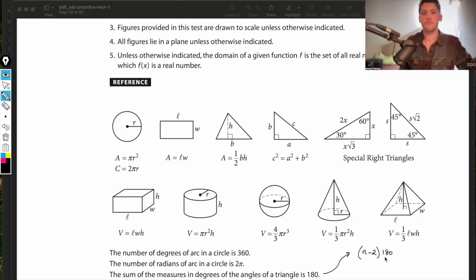Okay, so if it's a triangle, n is 3, you'll get 3 minus 2 is 1, 1 times 180. That's where this number comes from, you could say. If you had a four-sided figure, n would be 4. If you had a five-sided figure, n would be 5. And this equation here is one of the only equations not given to you that I think is really useful on this test. Okay, so let's jump into some questions.